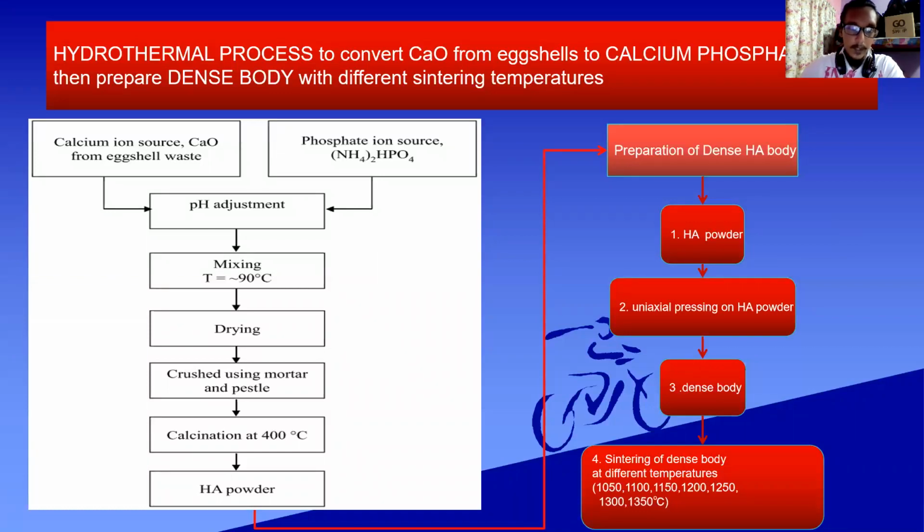Both are mixed, pH adjusted, dried, crushed, and calcined at 400 Celsius until an HA body is produced. The produced HA powder is then converted into a dense HA body via uniaxial pressing, and the dense body is sintered at different temperatures to study the properties.